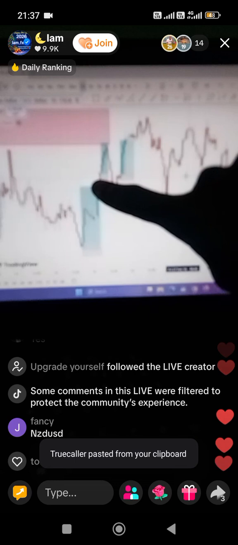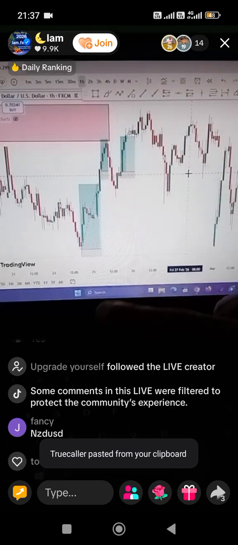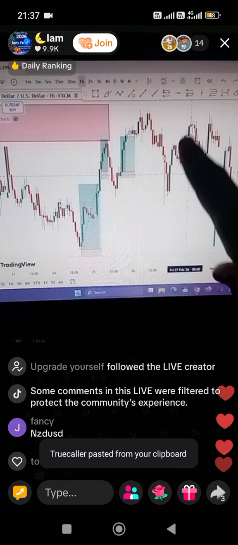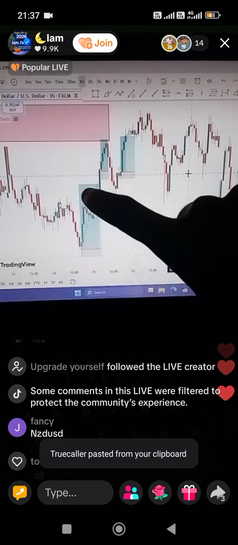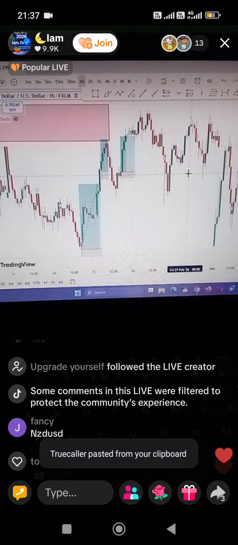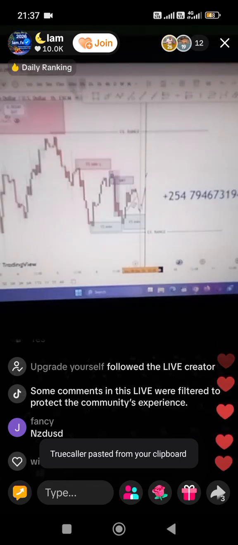By the time price was getting here, I made a lot. I don't even talk about it. I think Mr. Kuria saw that screenshot, and Wanjiru, I guess somebody else saw that screenshot. I made a crazy amount of money from here, from a prop firm, from this particular setup. So guys, I'm telling you, this knowledge, you better pay a mentor to actually hold your hand, and then things will be very good. Any question concerning AUD USD?